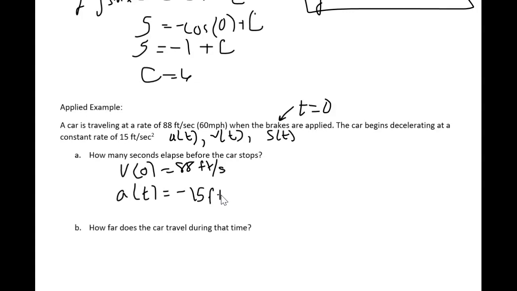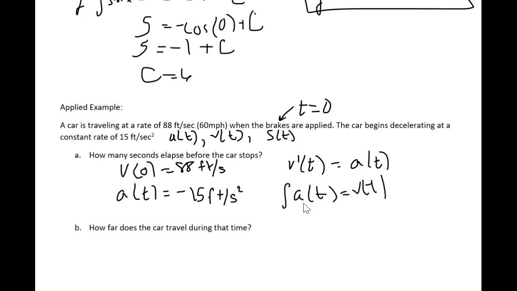And so what we've basically set up is an initial value problem like the one above, because v prime of t is equal to a(t), which means the integral of a(t) is equal to v(t). So we're going to take this integral. So the integral of negative 15 is negative 15t plus c. And we set that equal to v(t).